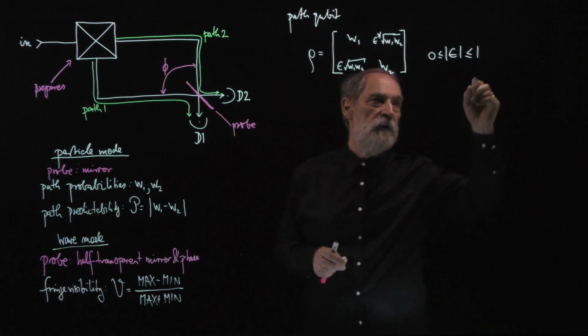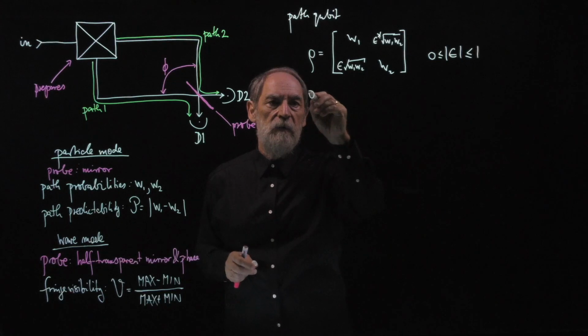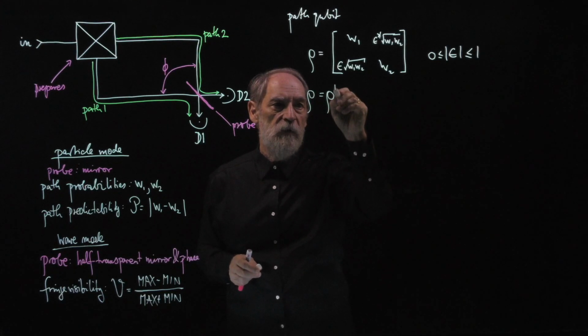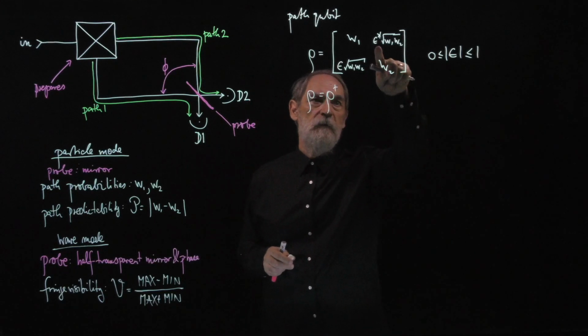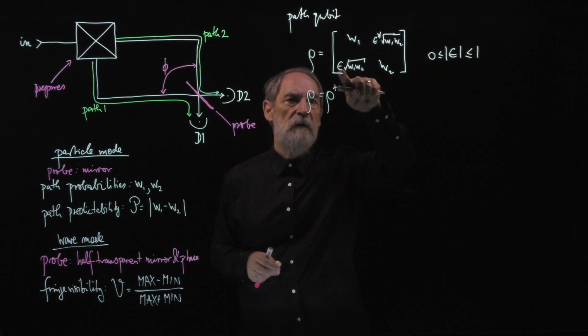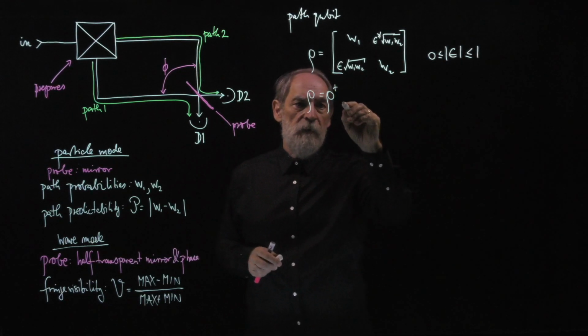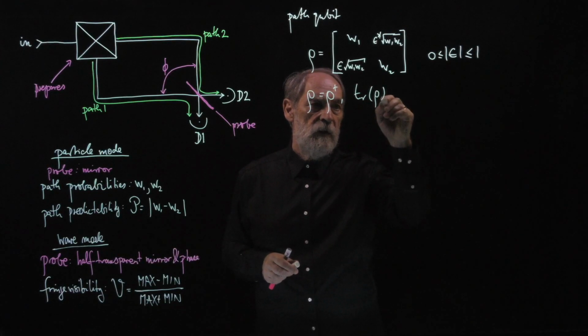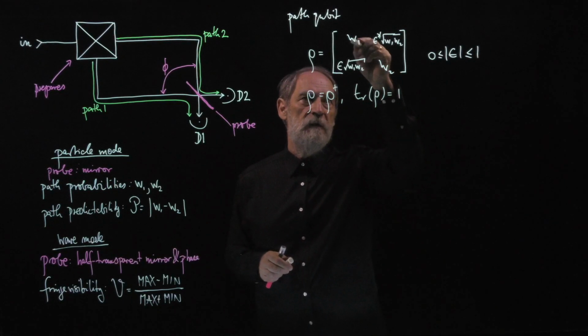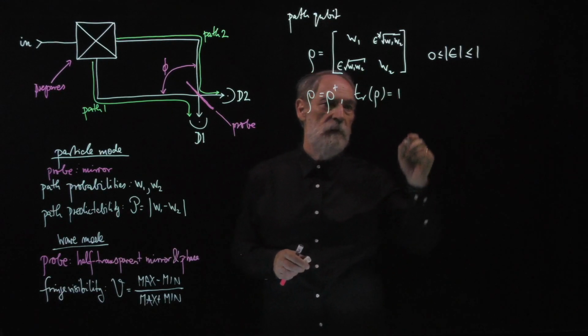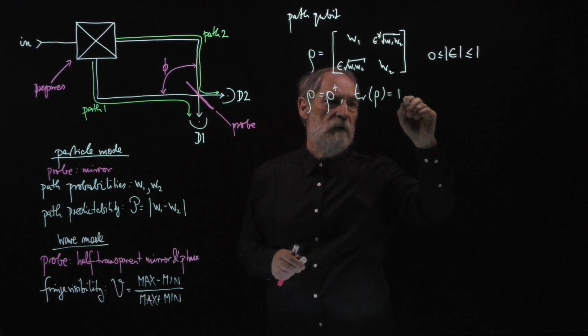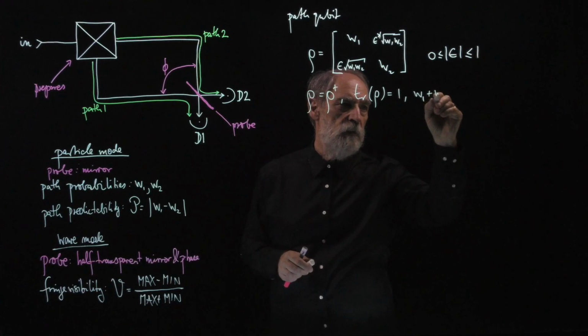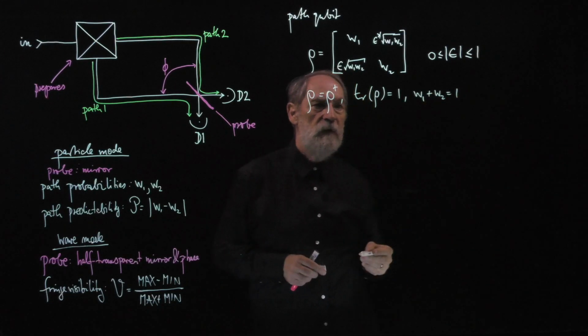And those correct properties are that the rho is equal to its adjoint. Well, that's why we have epsilon complex conjugate here and epsilon there. And the trace of rho has to be 1. Well, that trace is the sum of the diagonal matrix elements. So that's just, again, the statement that W1 plus W2 has to be equal to 1. So that's built into it.